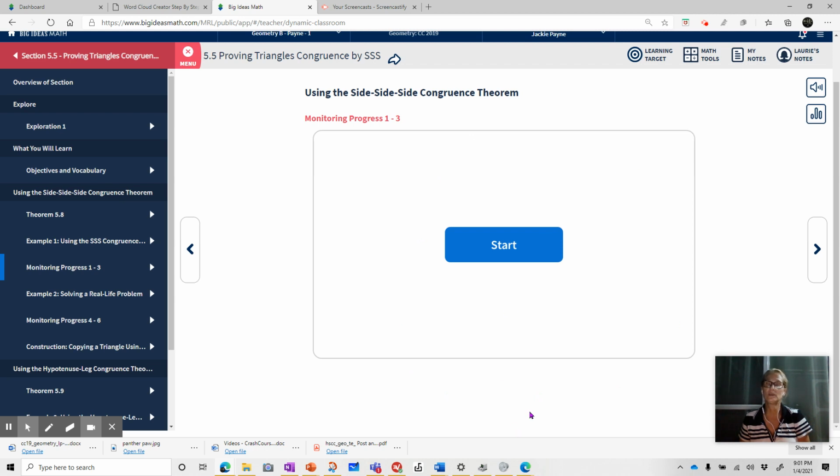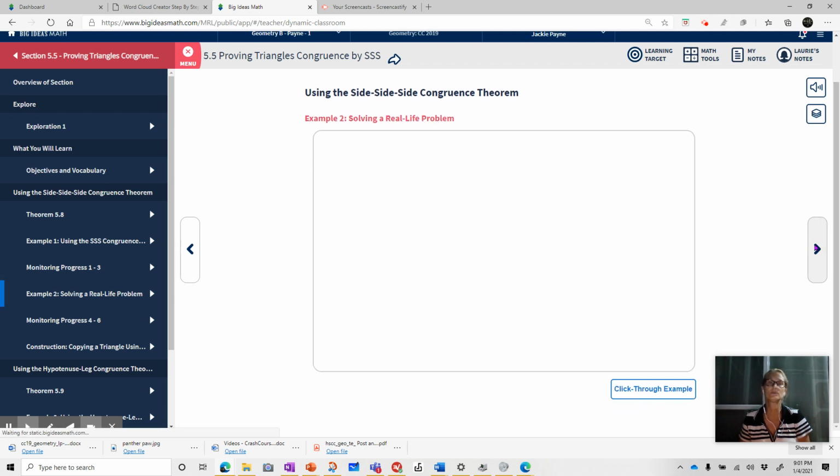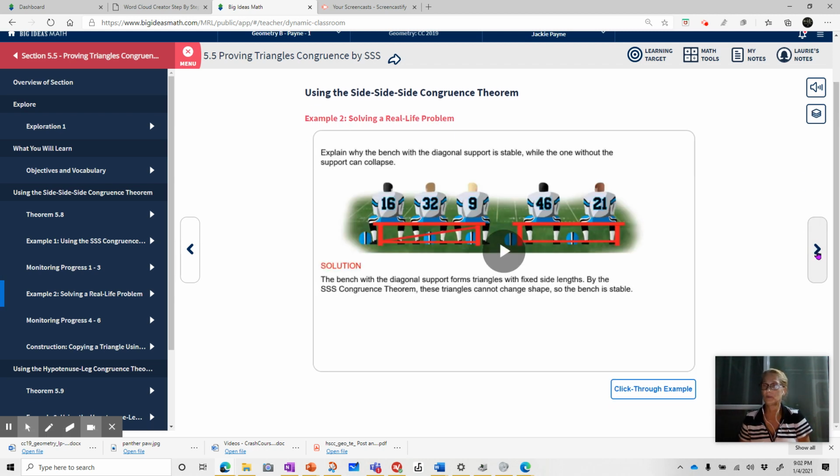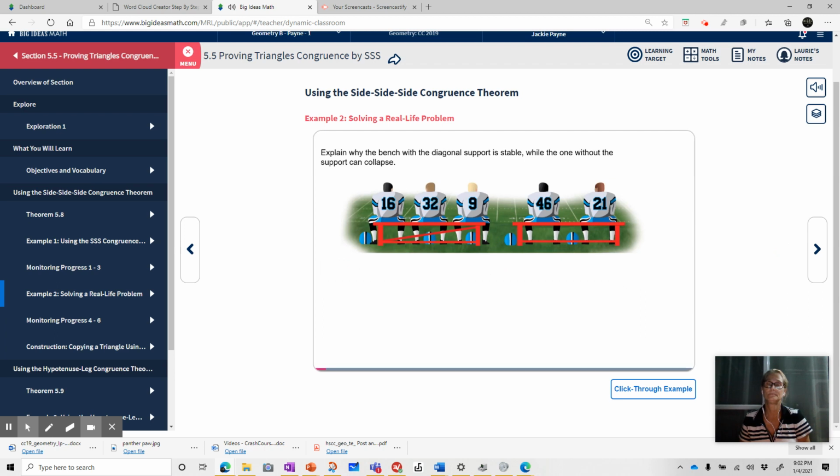Here's an example. When we do this under the camera or when we're live, this is for me to ask you some questions. But here is a real life problem with just an example of why benches have crossbars. Explain why the bench with the diagonal support is stable while the one without the support can collapse. Solution.